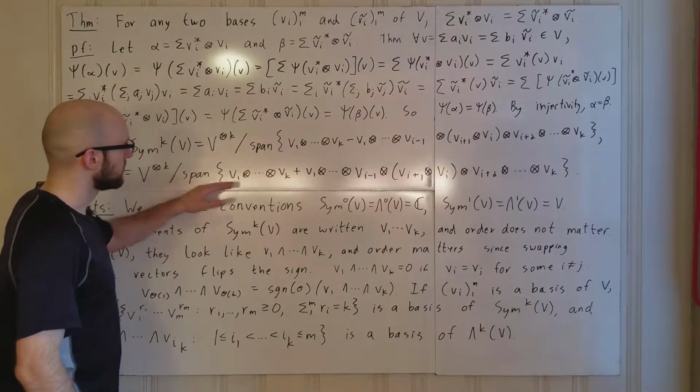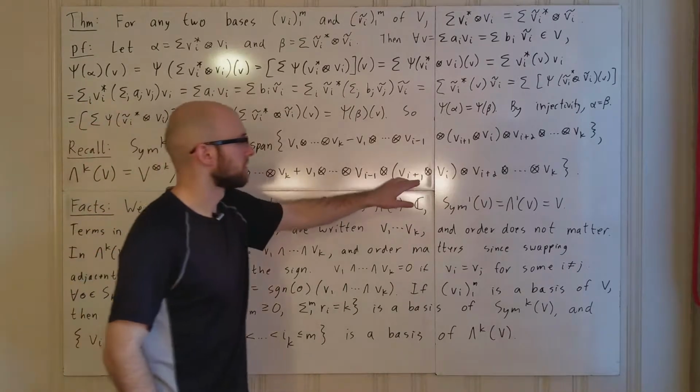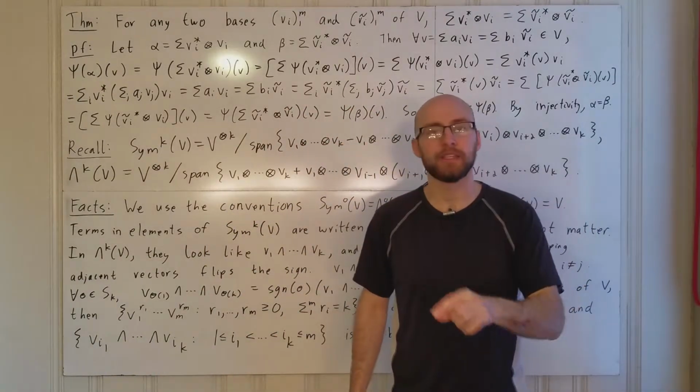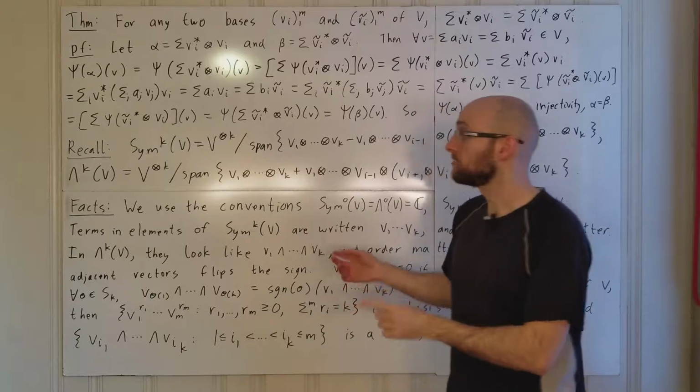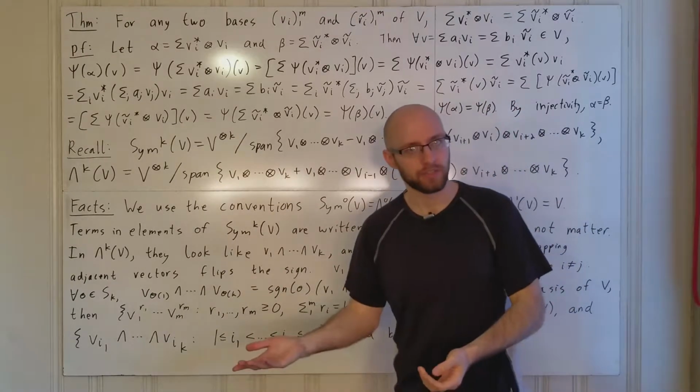Well, because it's in this quotient space, alpha plus beta is equal to 0. So alpha is equal to minus beta. And so what happens when you flip two things is that the sign changes.